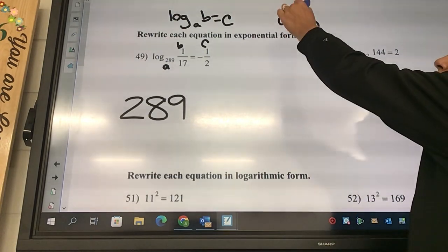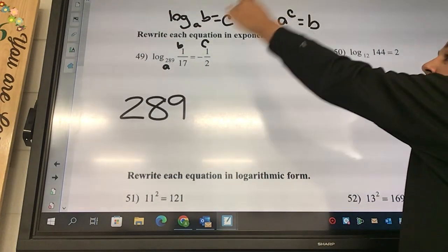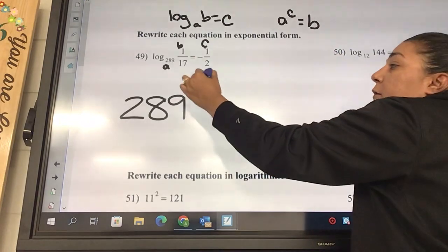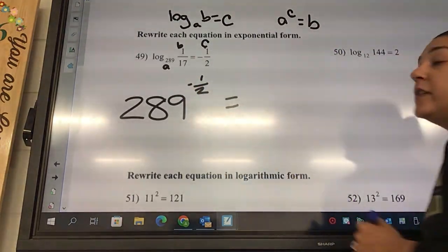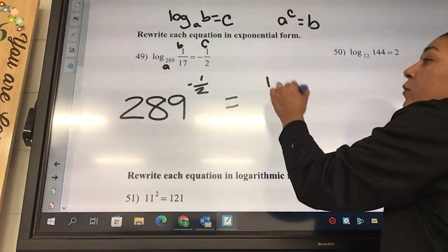We're looking at the C, which is -1/2, equals the B. So 1 over 17.